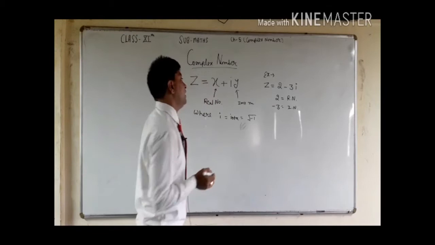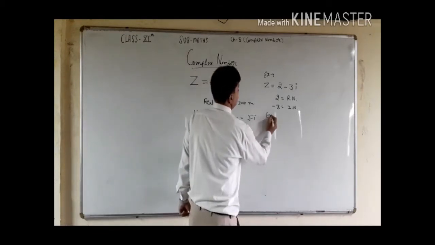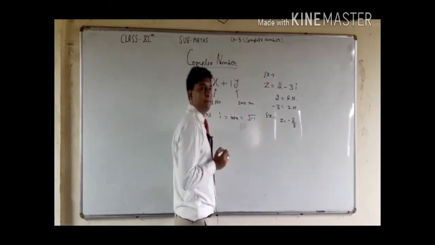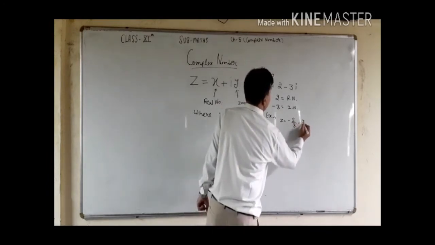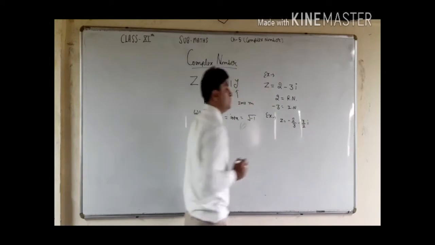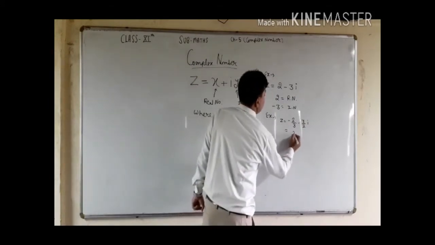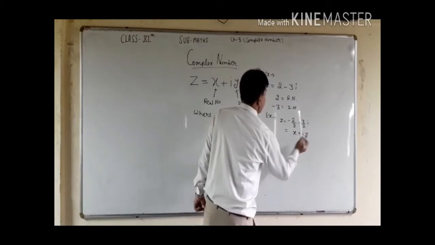Let me give another example. z equal to minus 2 upon 3 minus 3 upon 2 iota. This is in the form of x plus iota y.